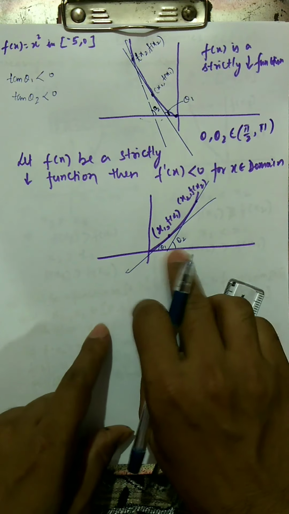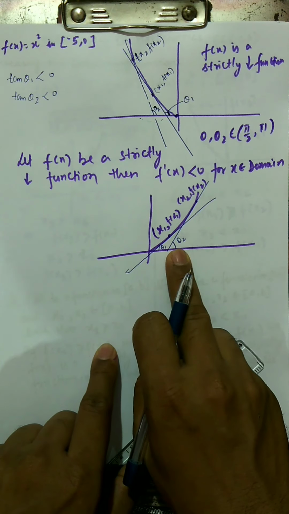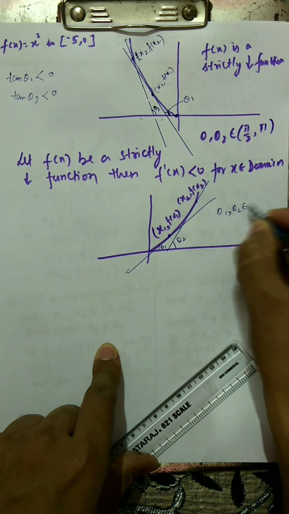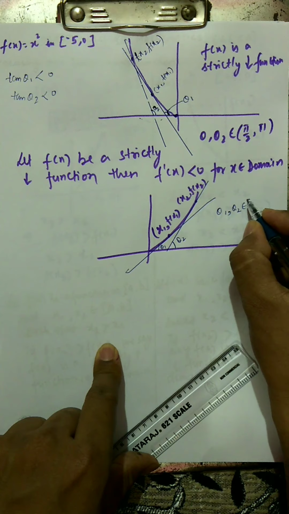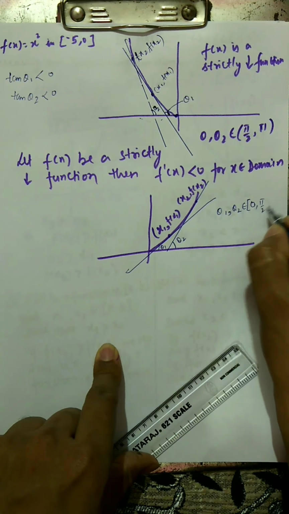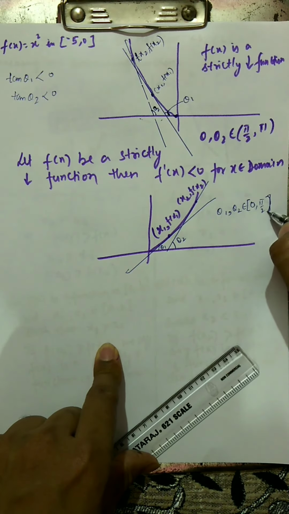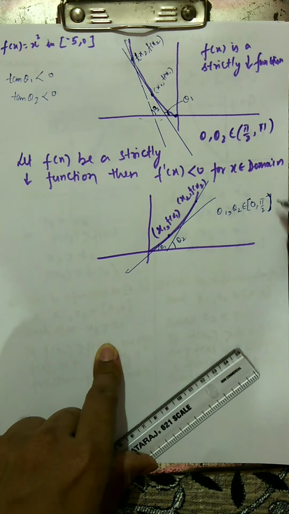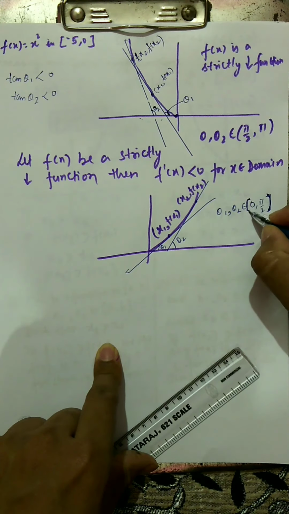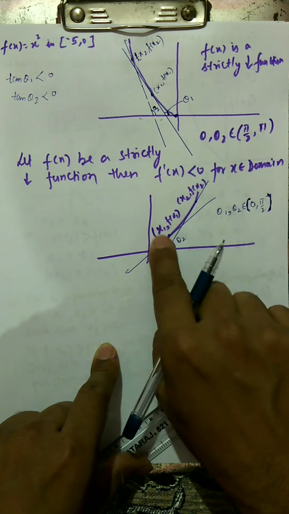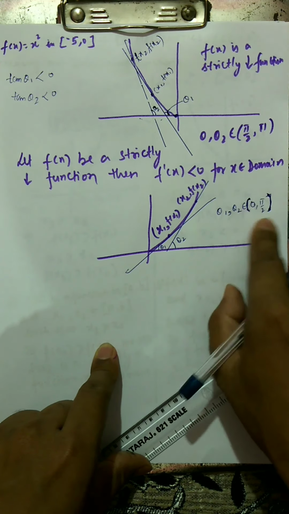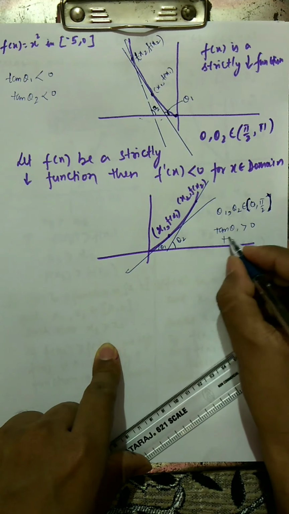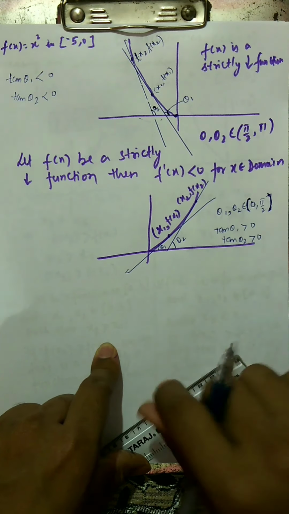In both cases, you can see theta 1 and theta 2 are less than 90 degrees. So I can say that theta 1 and theta 2 belong to the open interval 0 to pi by 2, not including pi by 2. So you can see if theta 1 and theta 2 are in the first quadrant, then tan theta 1 will be greater than 0, and tan theta 2 will also be greater than 0.